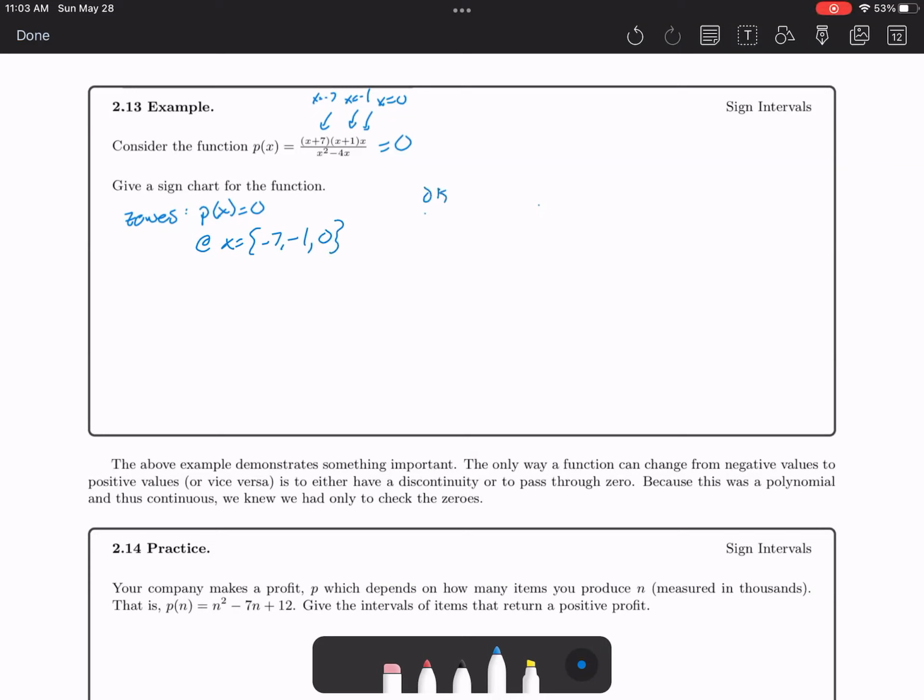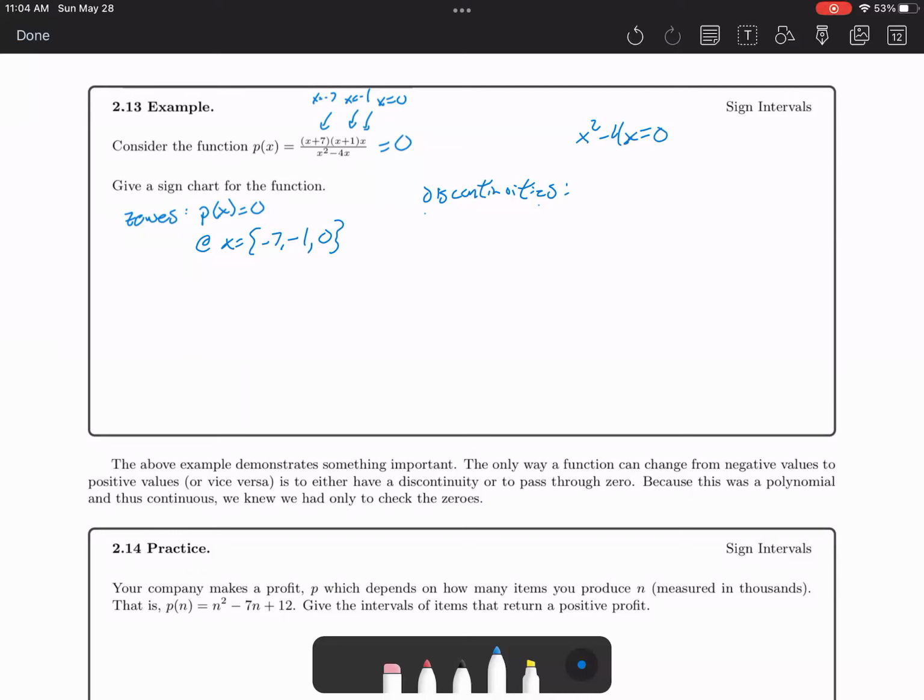Let's look at the discontinuities. So what's going to make p of x not exist? So I've got a polynomial divided by another polynomial. They both exist independently always. The only problem is I might divide by 0. So what's going to make x squared minus 4x equal to 0? Right? Because if I divide by 0, then my function doesn't exist. I've got a discontinuity there.